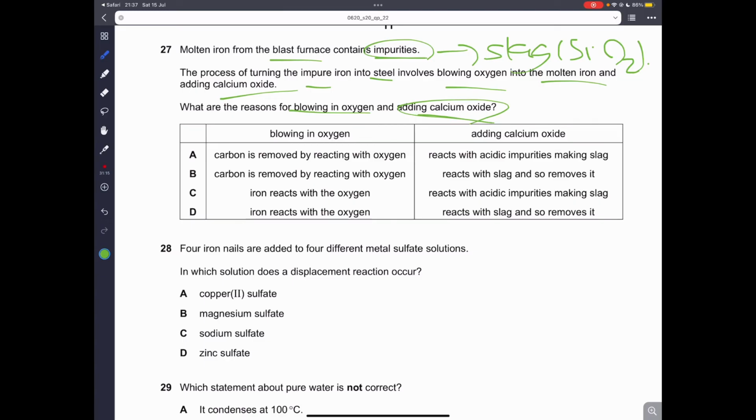The reason we blow in oxygen is so that the carbon is removed. The carbon impurities can be removed by reacting with oxygen. And the reason we add a basic oxide, calcium oxide, is to react with acidic impurities to make slag. And slag is basically calcium silicate.